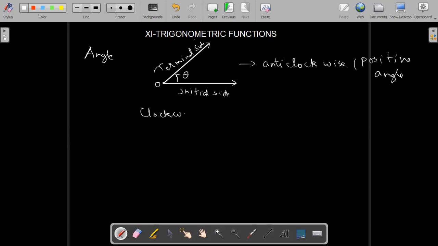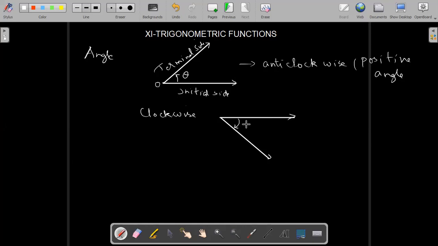clockwise means our initial side is this one and we are moving like this. So this is our terminal side, and the angle will be taken in the opposite direction.